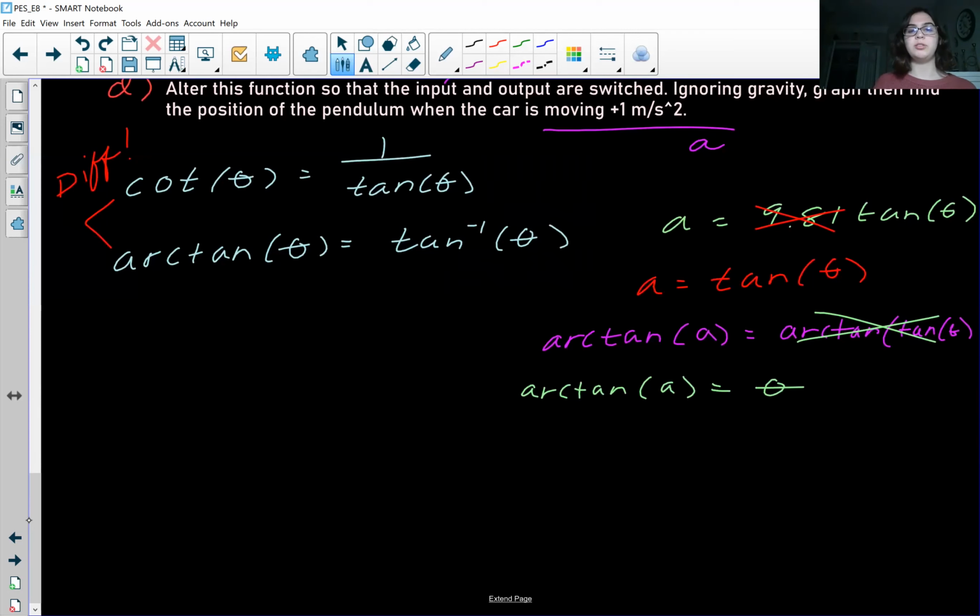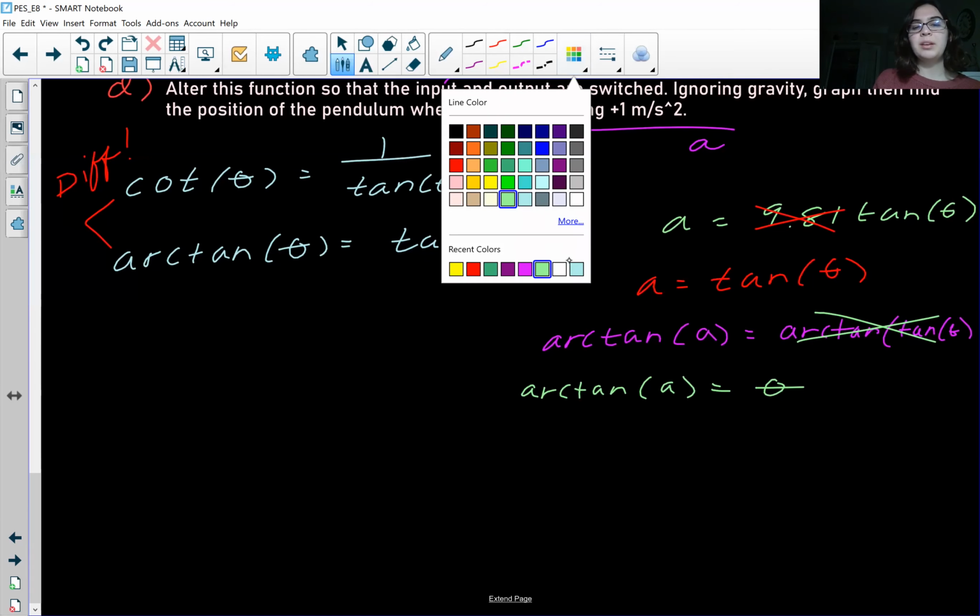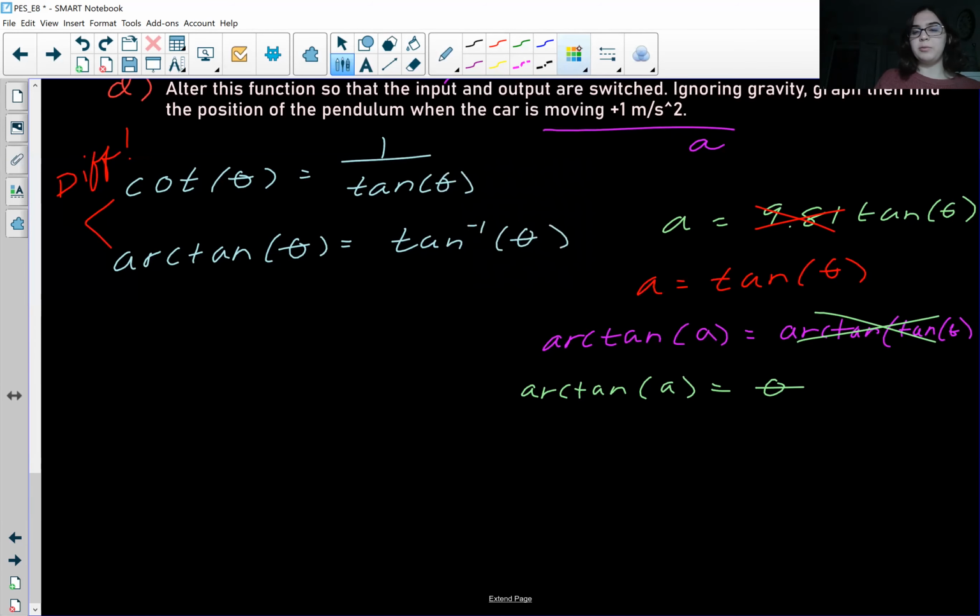And the next thing we need to do is actually graph it so we can find the position. But that sounds kind of complicated. So what we need to do is think about, how does arctangent compare to tangent? So we'll use what we know about inverses. Here, I'll go ahead and write it off to the side.